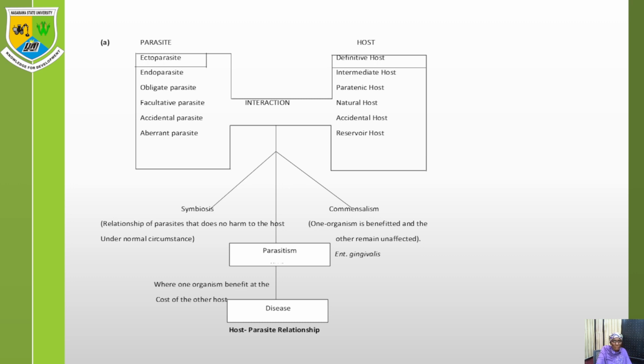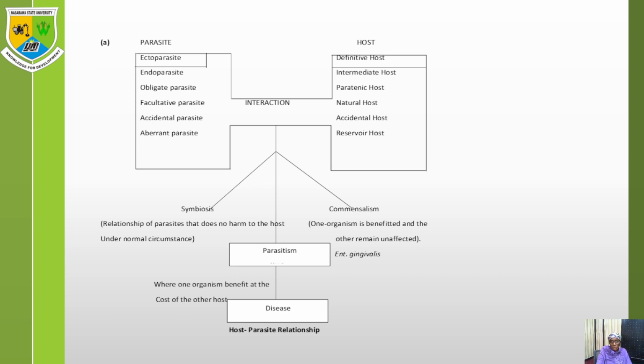We have parasite, ectoparasite, endoparasite, obligate parasite, facultative parasite, accidental parasite, aberrant parasite, and their interaction with the host.